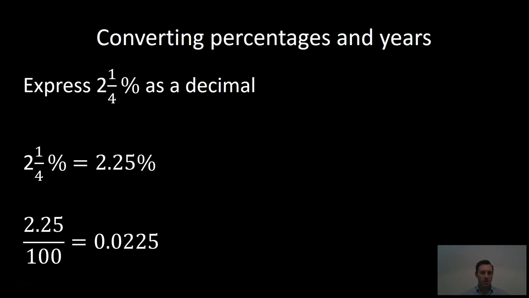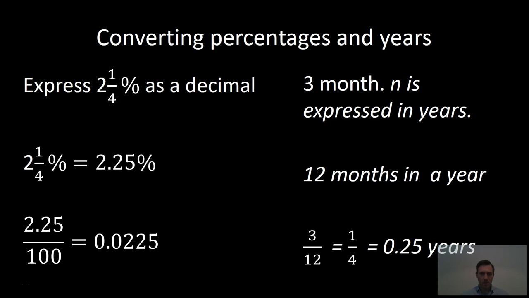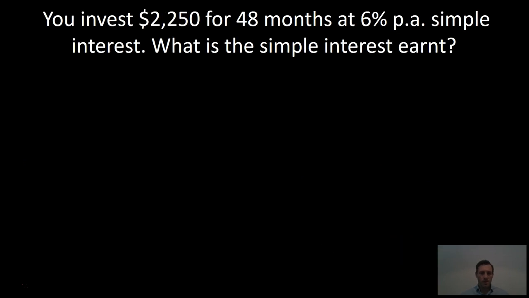When we do this, we get 0.0225. Another conversion we might have to make when calculating simple interest is months expressed as a fraction or decimal of years. Let's convert 3 months into years now. We know there's 12 months in a year, so we divide 3 by 12, which is a quarter or 0.25 years.